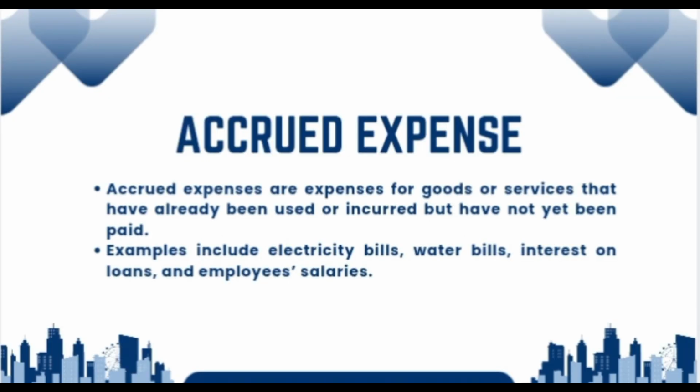Let's proceed to accrued expense. Accrued expenses are the expenses for goods or services that have already been used or incurred but have not yet been paid. For example, electricity bills, water bills, interest on loans, and employees' salaries.